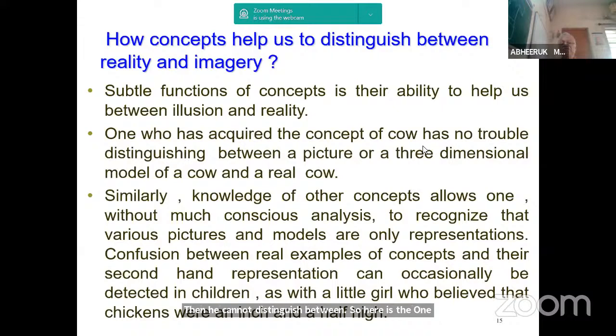One who has acquired the concept of a cow has no trouble distinguishing between the picture or a three-dimensional model, because to have the concept of a cow you have to see the cow and know its characteristics. If the first time he learns from the books, he has not seen a cow, so this confusion will be there. He thinks the picture is the cow, or some small plastic model is a cow. So this is the reality and the imagery. These are difficult to understand until you learn the concept.